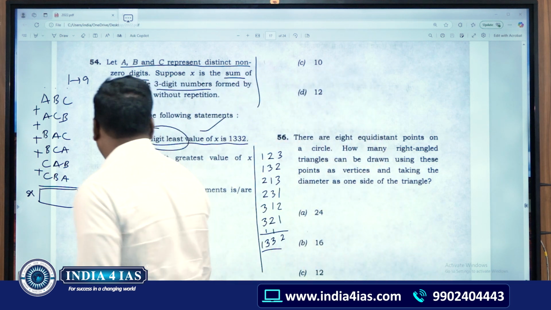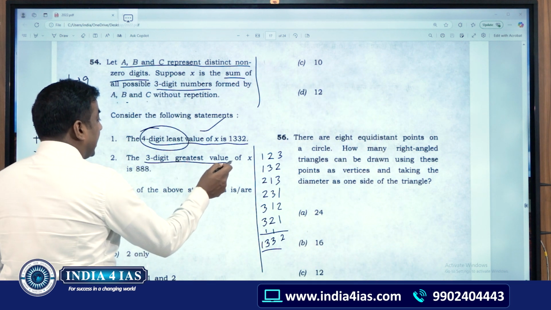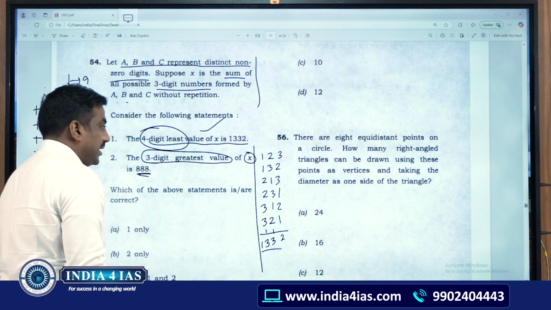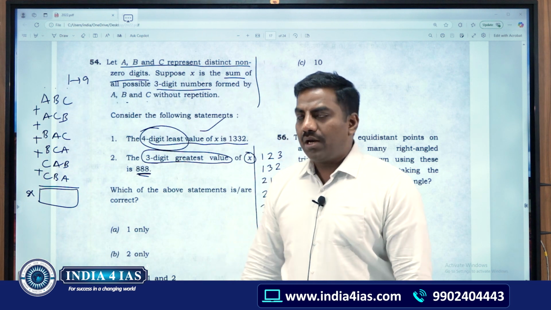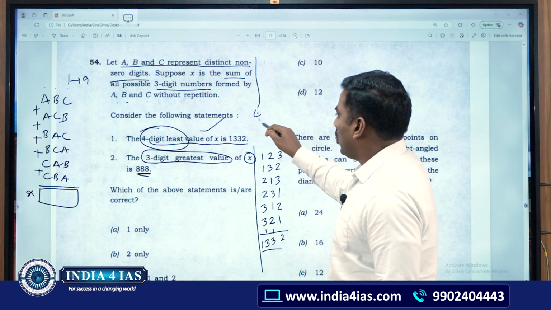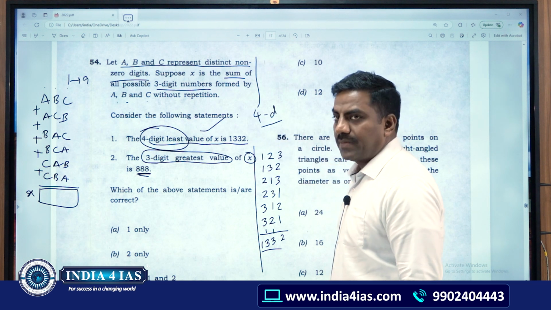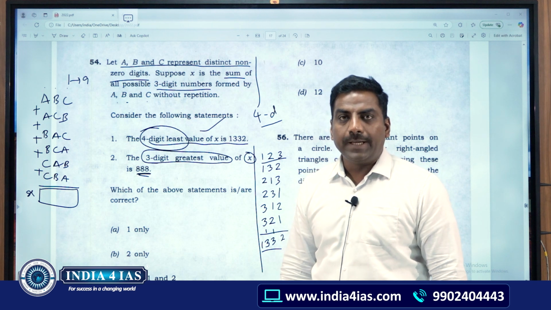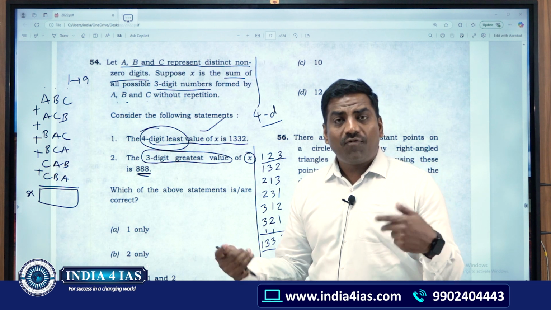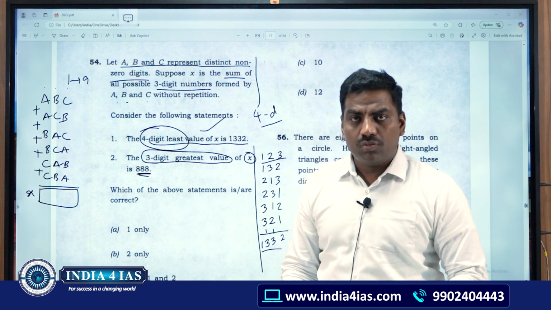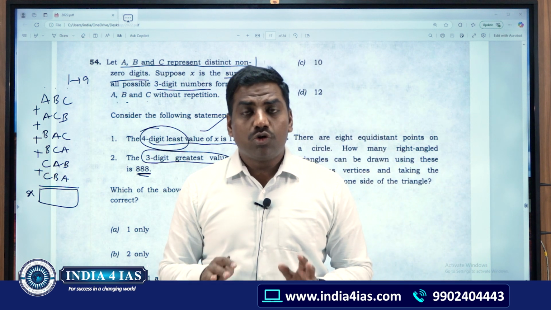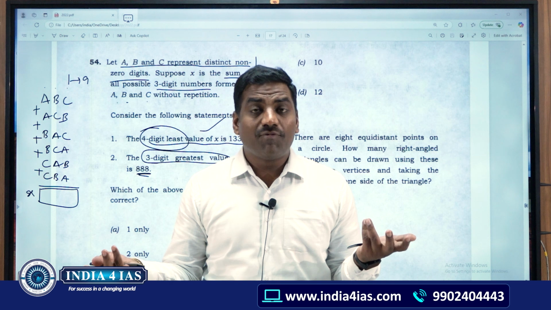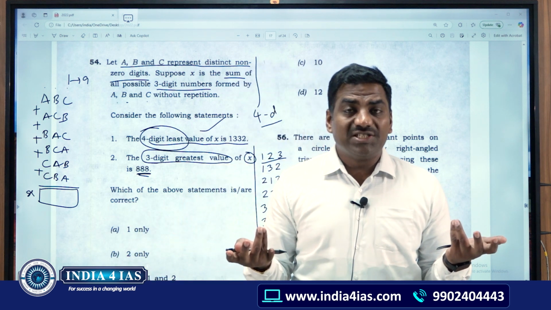That is correct. Then the 3-digit greatest value of X is 888. See, when we were looking for the 4-digit least value, we looked for the least values for A, B, C, that is 1, 2, 3. If I have to look for some lesser value than this 1, 2, 3, I don't have a choice. I cannot go to 0. They are asking for non-zero digits.